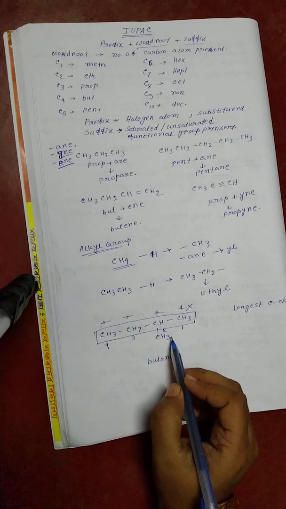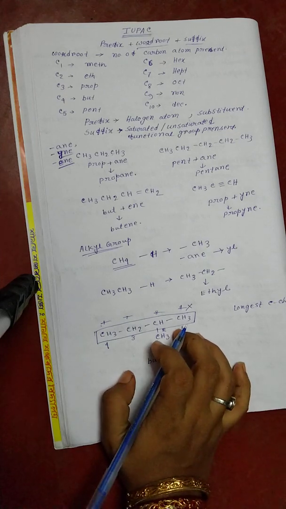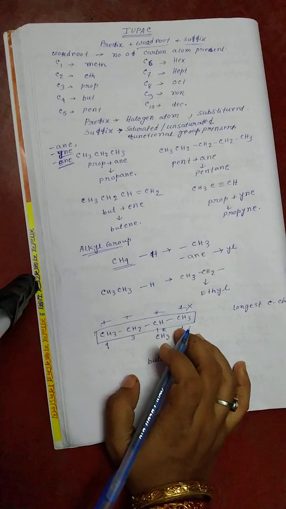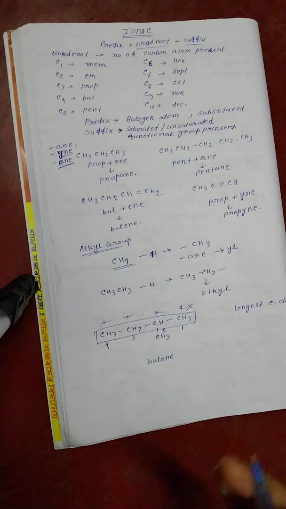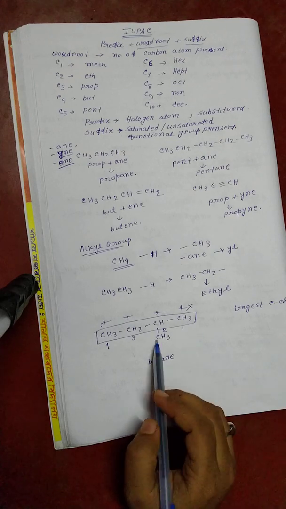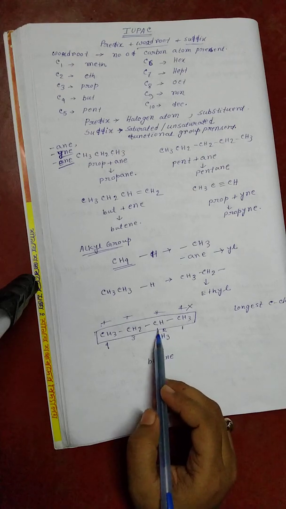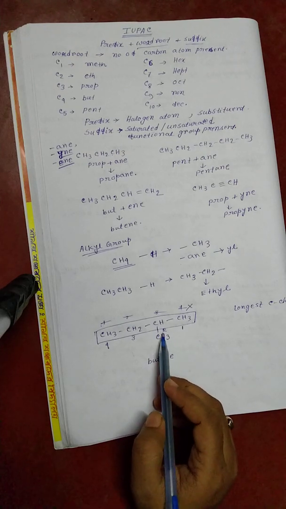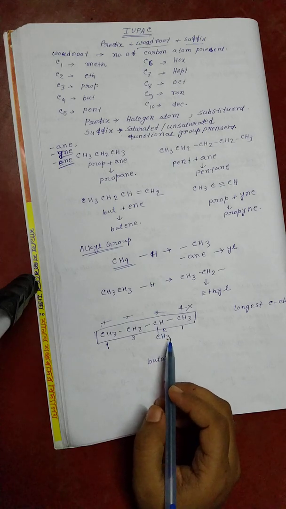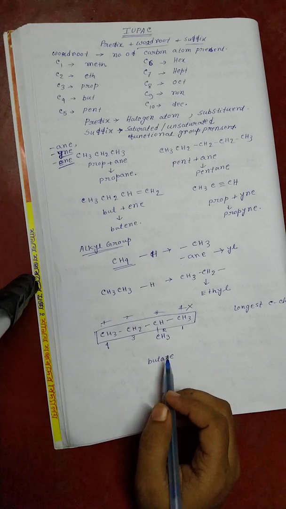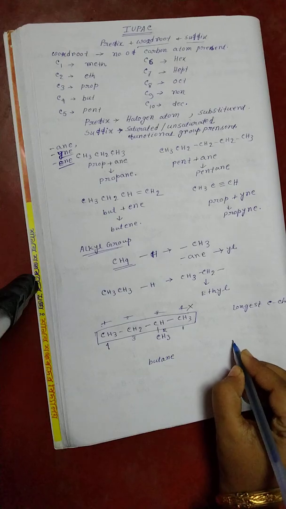This is a methyl group. This substituent goes to the prefix, so the prefix is written before the word root. The position of this methyl group can be indicated by writing the number of the carbon atom, that is 2.